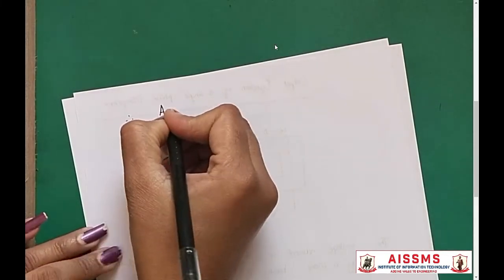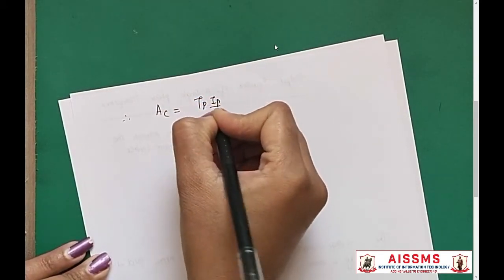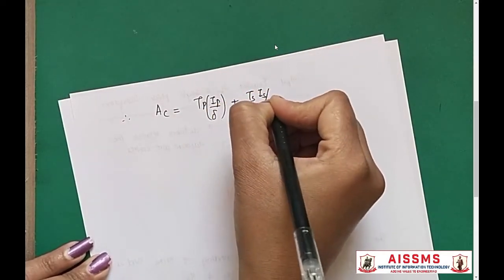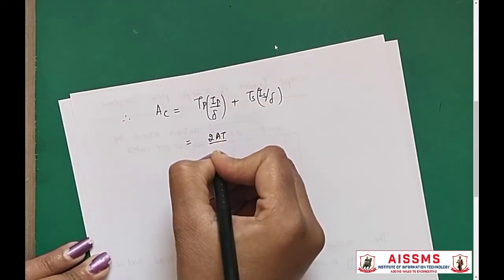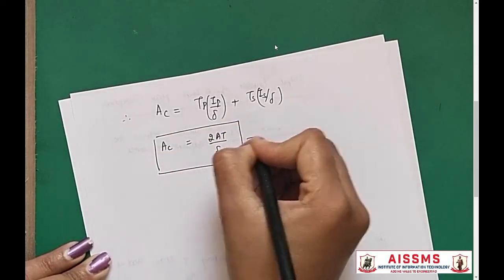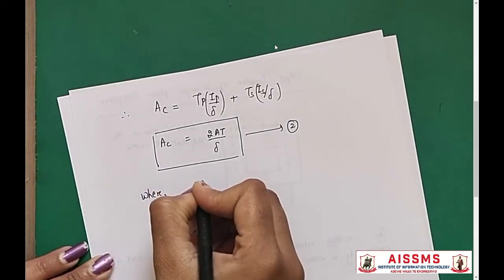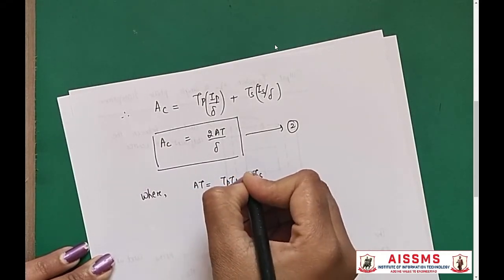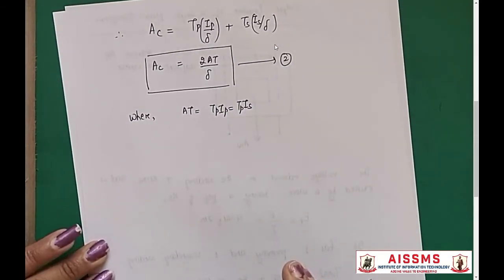Therefore, AC can now be written as TP IP upon delta plus TS IS upon delta, which finally comes out to be 2AT upon delta. We can mark this as equation number 2, where AT is nothing but TP IP is equal to TS IS, which is considered same for primary as well as the secondary.